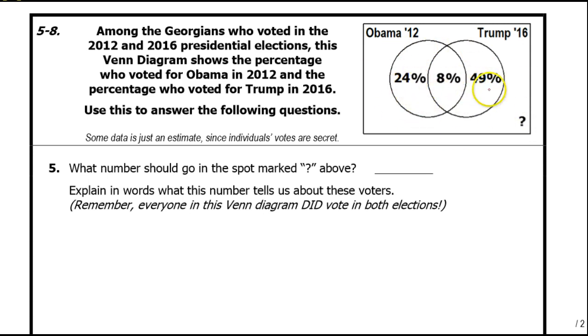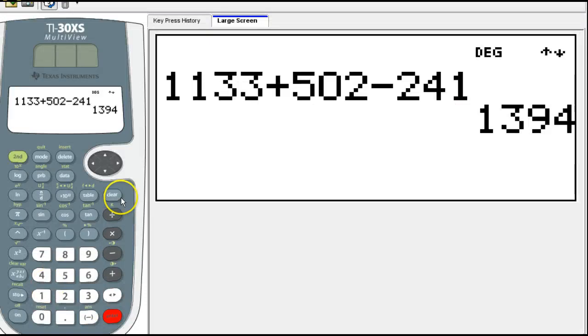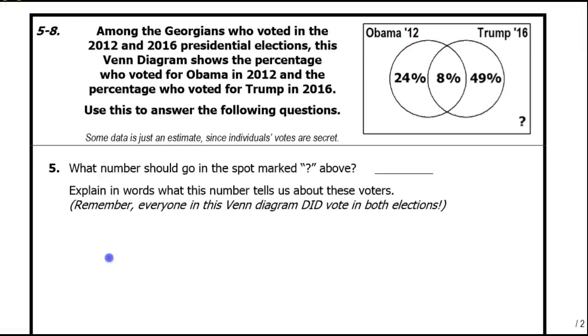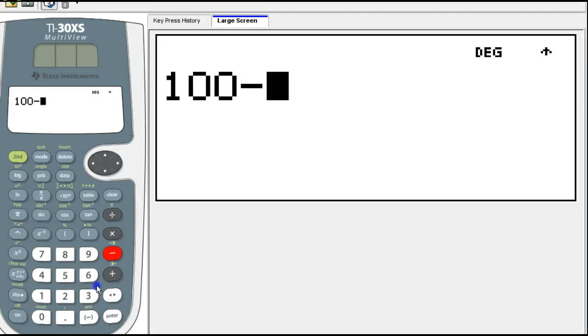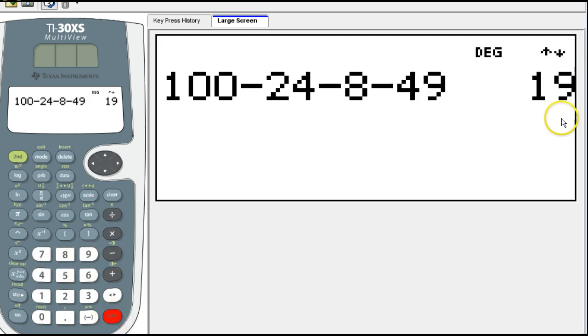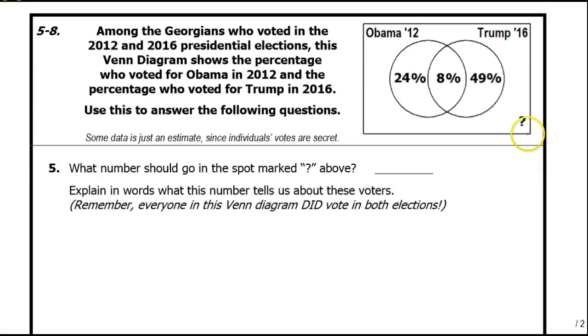So we just need to subtract these numbers from 100%. So if we start with 100 and we subtract 24, 8, and 49, that's 19%. So this little guy out here should be 19%.